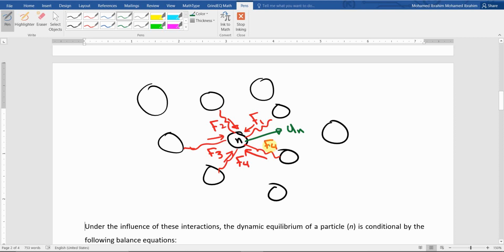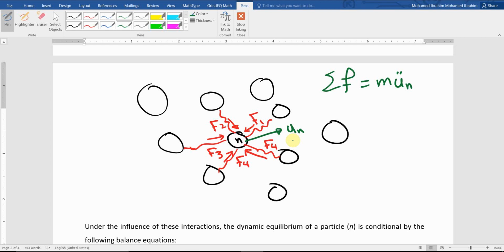So if I ask you to write the dynamic equilibrium of this particle, according to Newton's law, the sum of forces acting on any object should equal its inertia force, which is the mass times the acceleration, u double dot n, because this is the displacement. If you differentiate the displacement once with respect to time, it gives velocity. If you differentiate one more time, it gives acceleration.